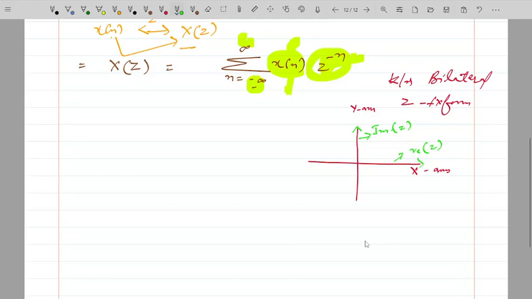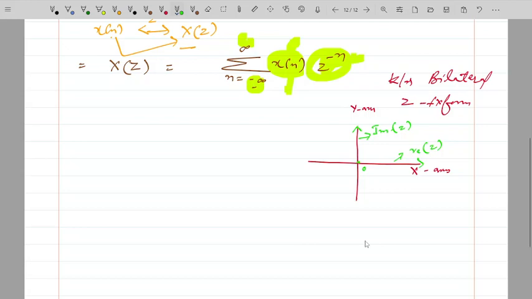This is called the Z domain. Some zeros and poles are also plotted or displayed on this axis. That topic we will discuss in a later video.